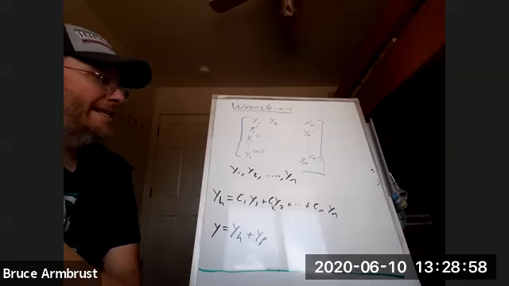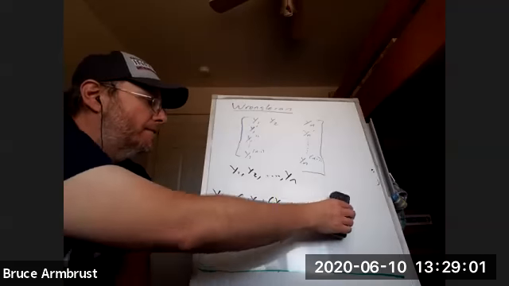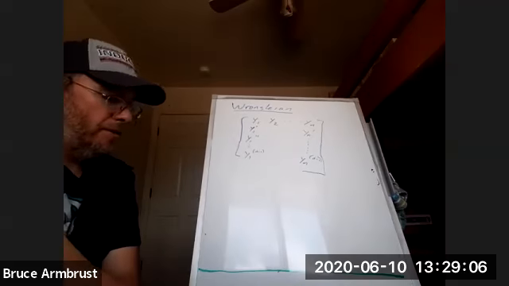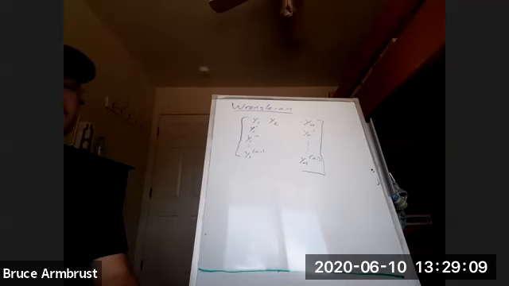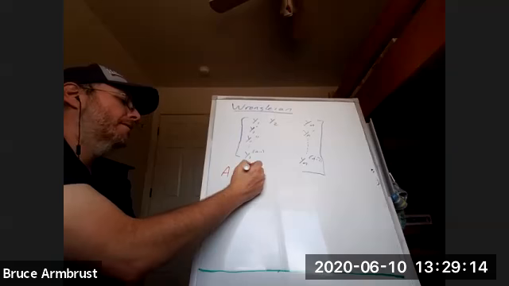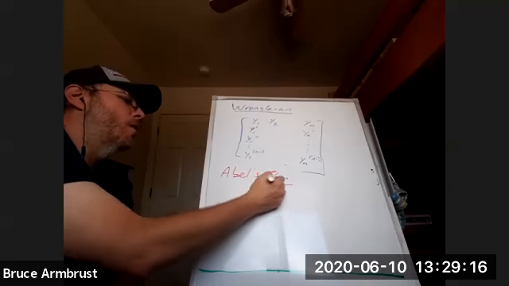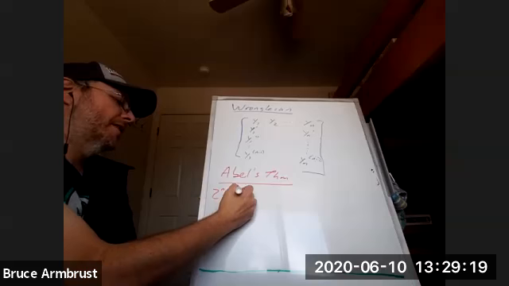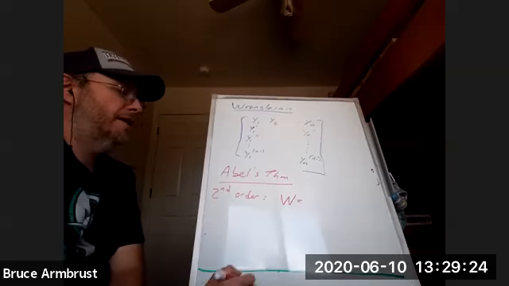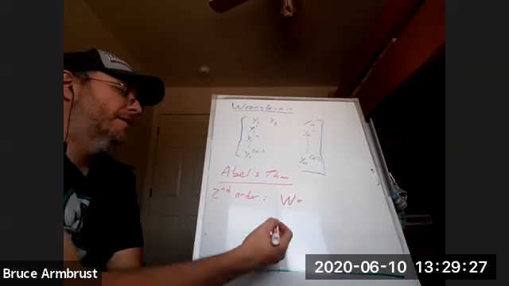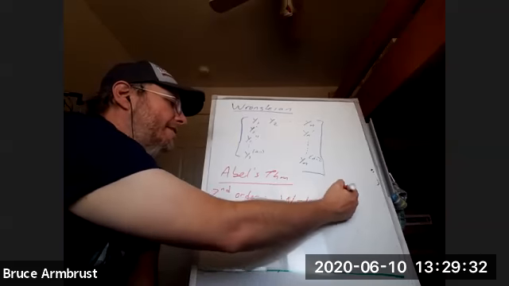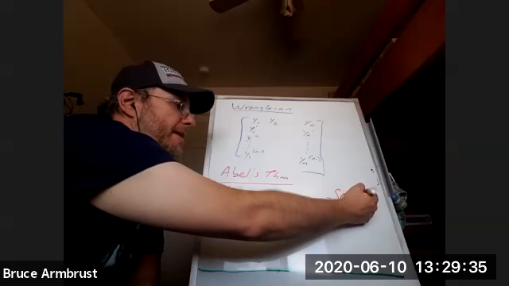Related to that was Abel's theorem. Let me remind you the second order version of Abel's theorem. What we saw was that the Wronskian, so the determinant of this matrix, was some multiple k of e to the negative integral of p dt.